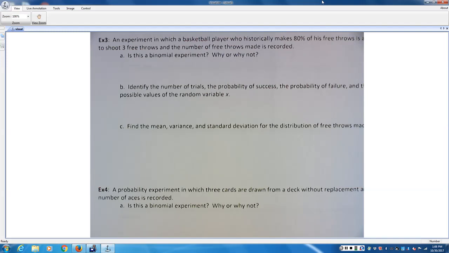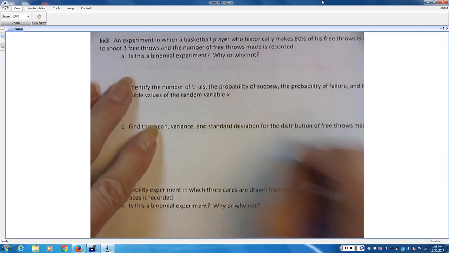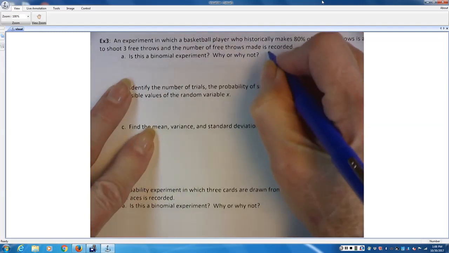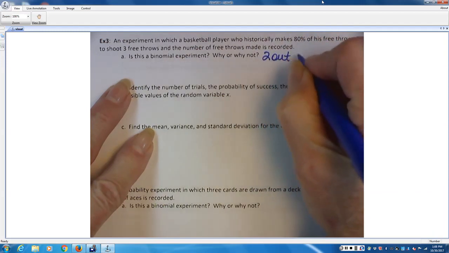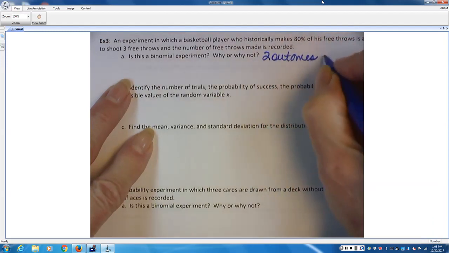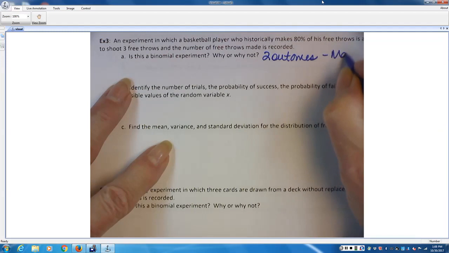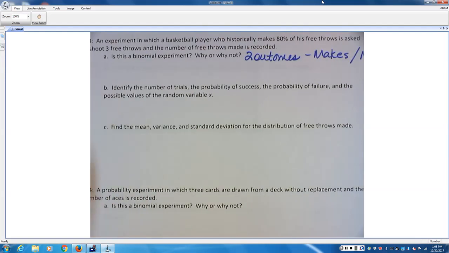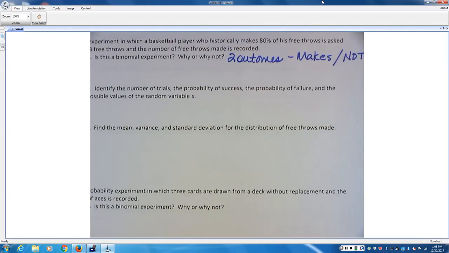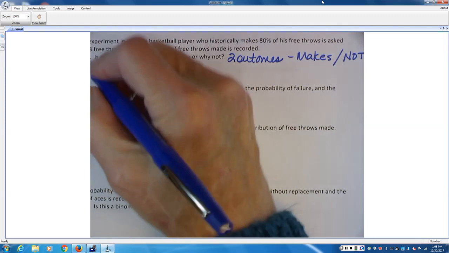And it is a binomial experiment, and the reason that it is one, there are only 2 outcomes. He either makes the throw or he doesn't. That's all that can happen. And those outcomes are independent.